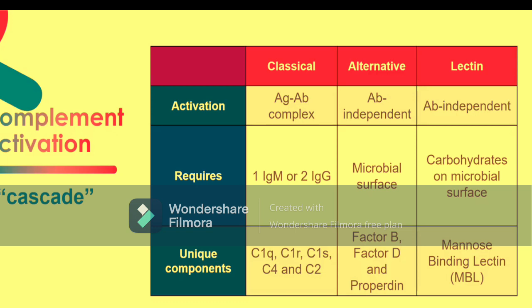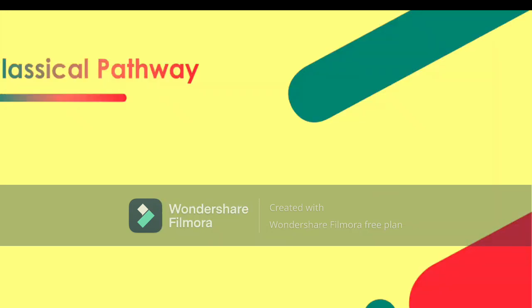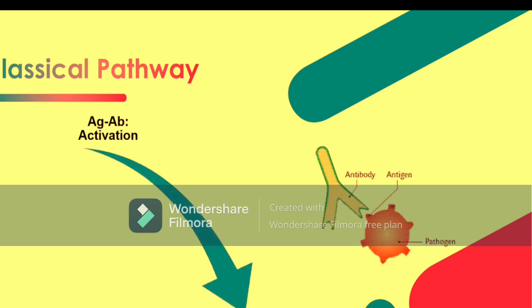For the requirements, the classical pathway needs at least one IgM antibody or two IgG antibodies, and we will discuss this later on. The alternative pathway needs microbial surfaces or the cell walls of organisms. The bacterial cell walls have the polysaccharides or lipopolysaccharides that are needed for the activation of the alternative pathway.